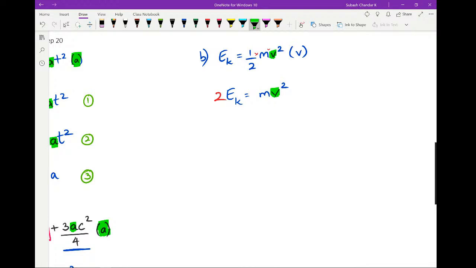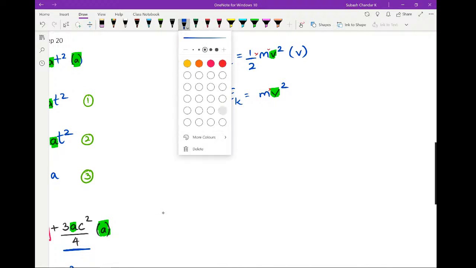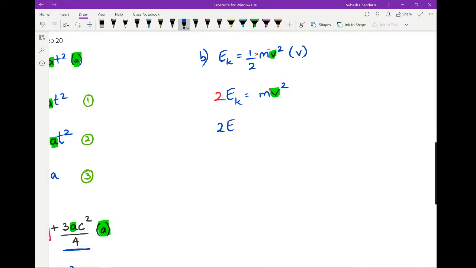The next thing I need to get rid of is the m. Because m is getting multiplied with v squared, I can get rid of it on the other side by dividing. So what I'm going to get is 2Ek divided by m, and this is now equal to v squared.